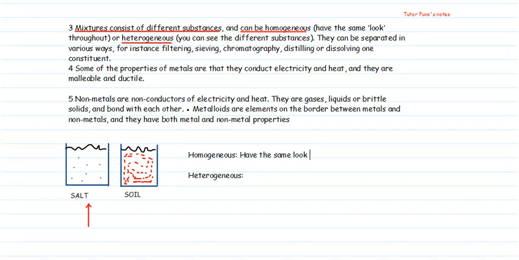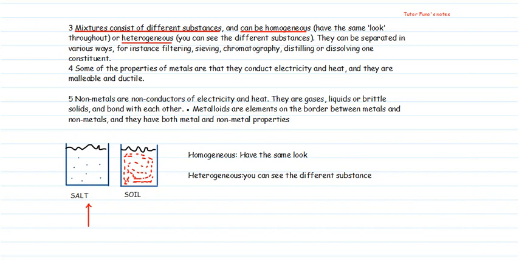Now a heterogeneous, if I come to you with a glass filled with soil, you're going to say, nah, there's soil inside the water, because you can see the different substances, understand? Perfect. Now this is how we distinguish between them.